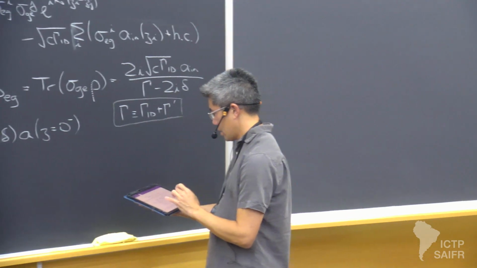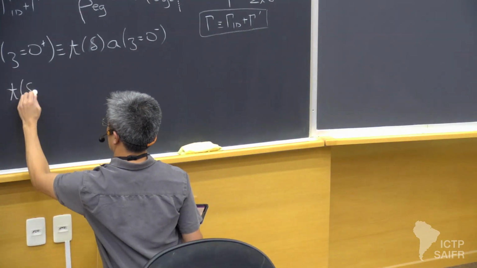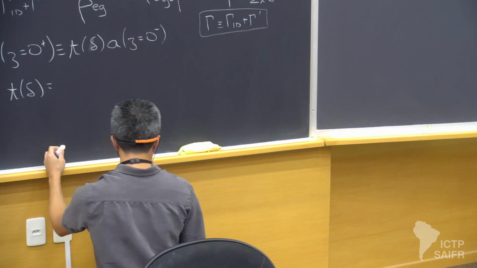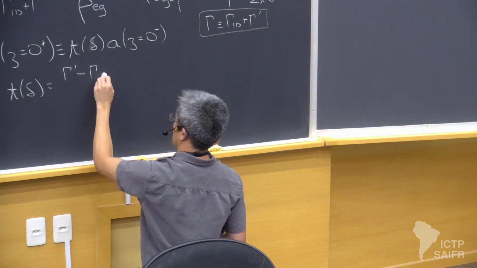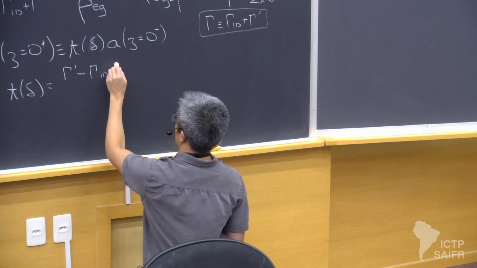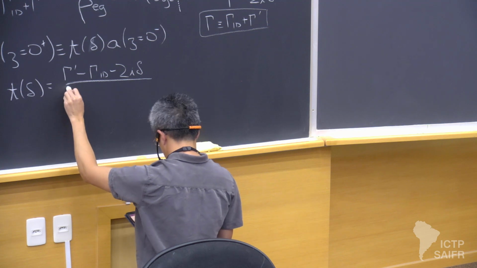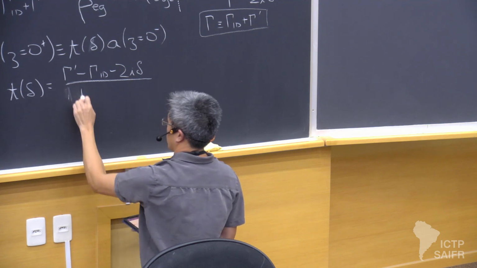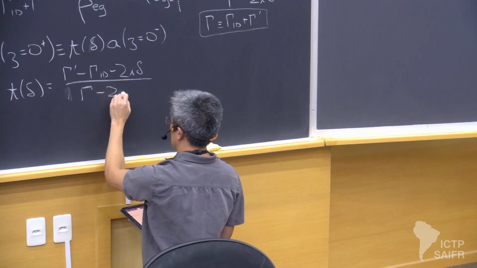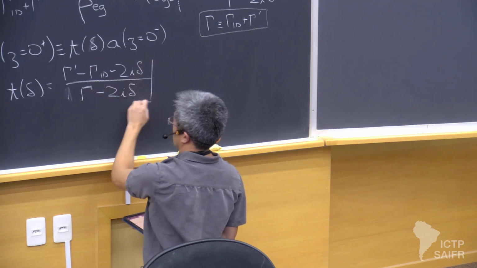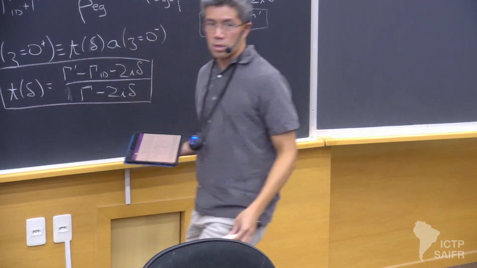And that transmission coefficient is defined as gamma prime minus gamma 1D minus 2i delta, over the total gamma minus 2i delta. Okay. So that's just the formal result.